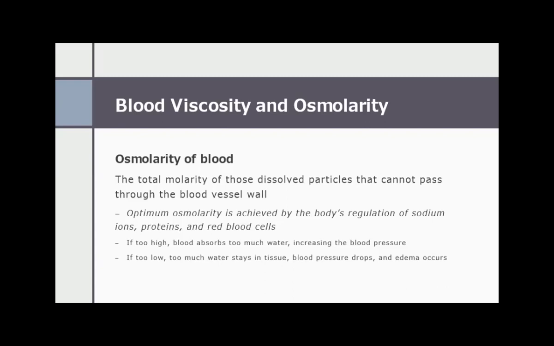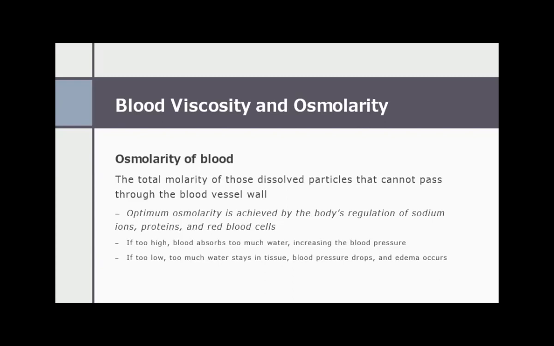All right, so if your osmolarity is too high, osmo, think blood, means you have too much water. Okay, when you have too much water in your body, what happens to your blood volume? It increases. Why? Good, good.